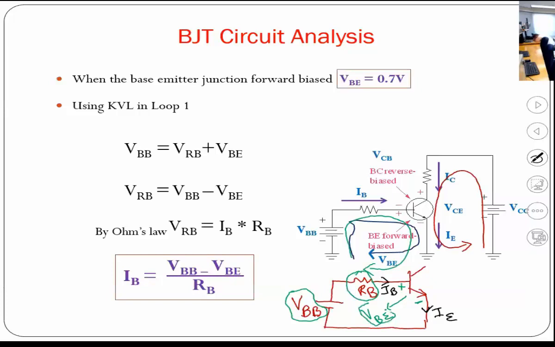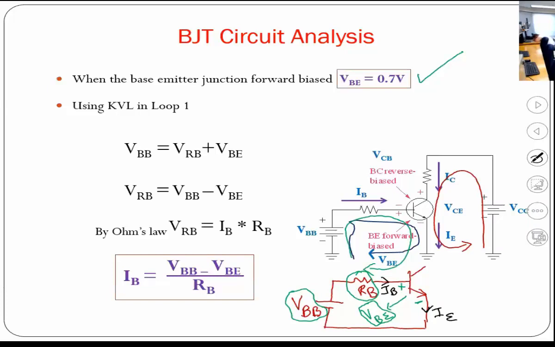VBE is the voltage between base and the emitter. R is for resistance, so it's only the base resistance. There is no V in there, right?